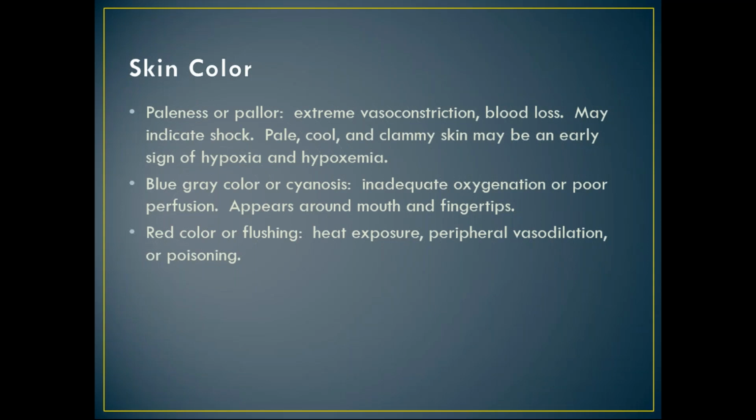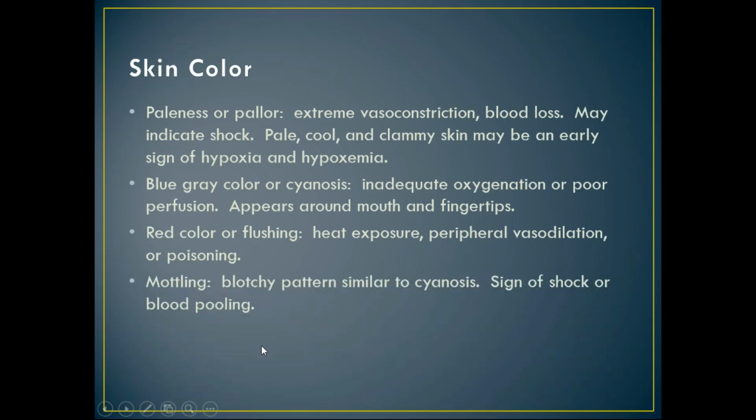Lastly, we could see this with carbon monoxide poisoning. Oftentimes when we have a patient who has carbon monoxide poisoning, they're going to have those beet red cherry cheeks, kind of like Santa Claus, and that's an indication of that carbon monoxide actually binding to that hemoglobin.